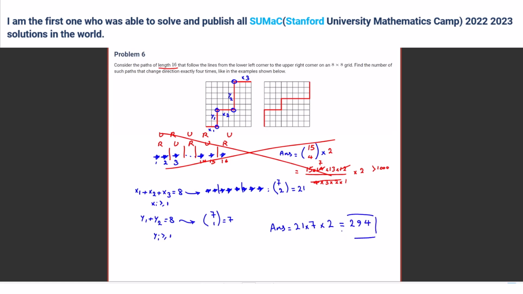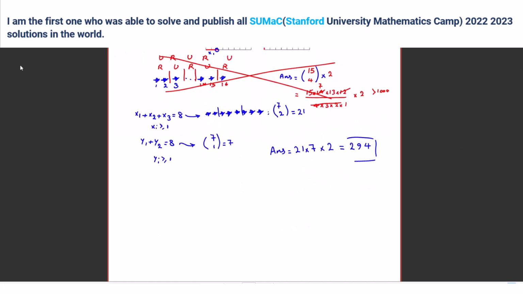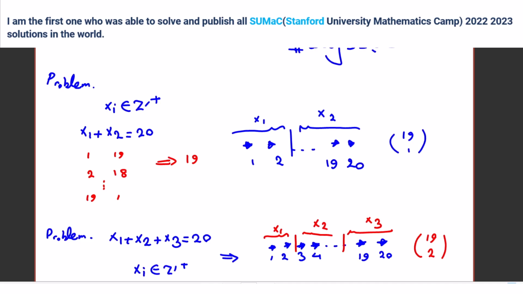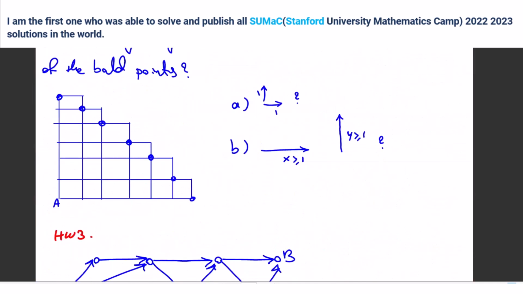Okay, so let's solve this. Look, if, for example, we had something like this figure, let me show you. Your approach was correct because the number of R's plus the number of U's is always, for example, 6.